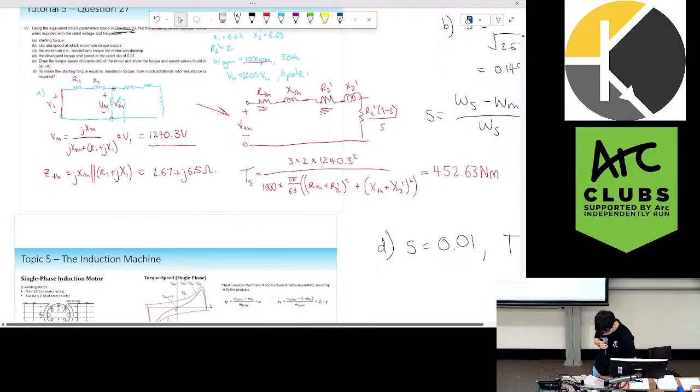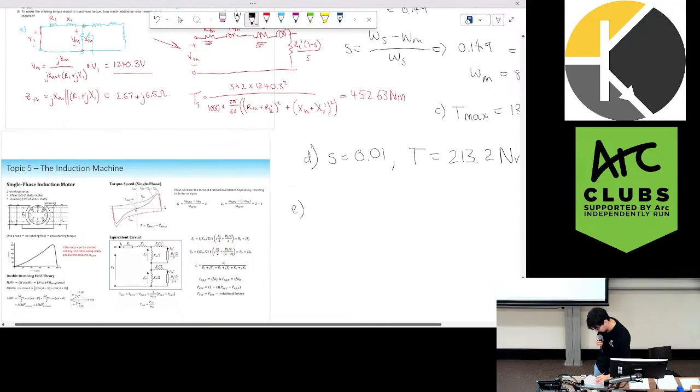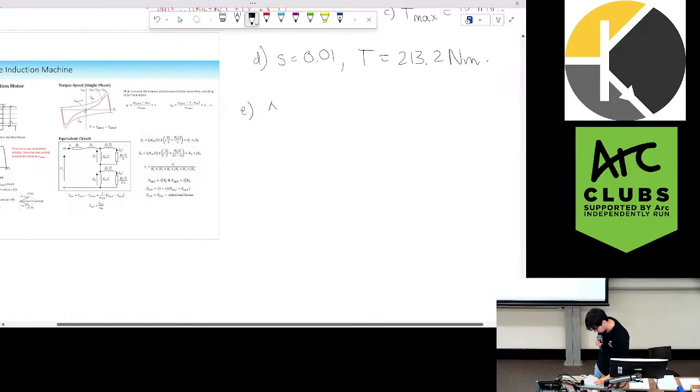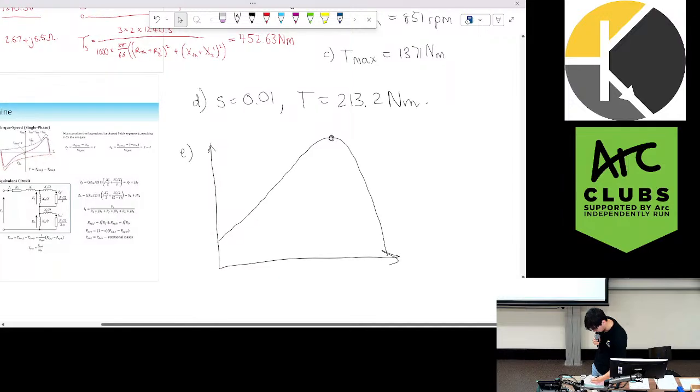E, draw the torque speed characteristic from what we found in A to D. So we know our torque speed characteristic will look something like this. This is our maximum torque, which was 1,371 Newton meters.